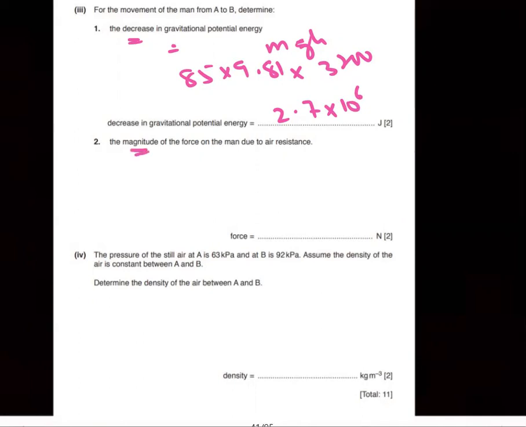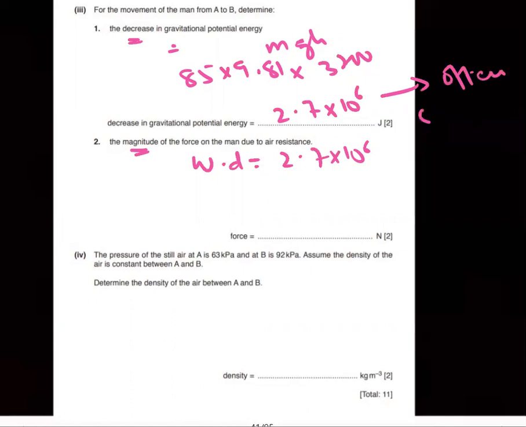Now it says the magnitude of the force on the man due to resistance. So due to resistance, work done against this force. And please be very careful because often students lose marks over here.